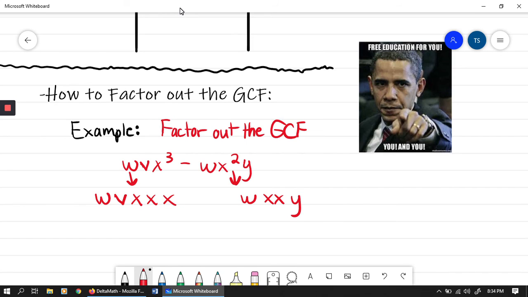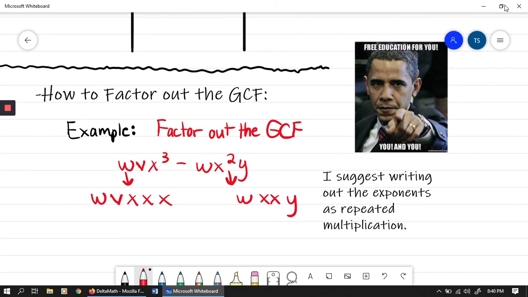So if we write out those variables as repeated multiplication, then we can actually determine what the GCF is. All right, so when we write out those exponents as repeated multiplication, we see exactly what they have in common.